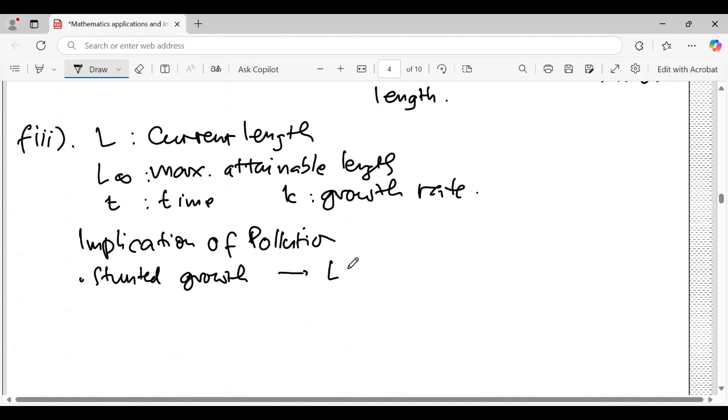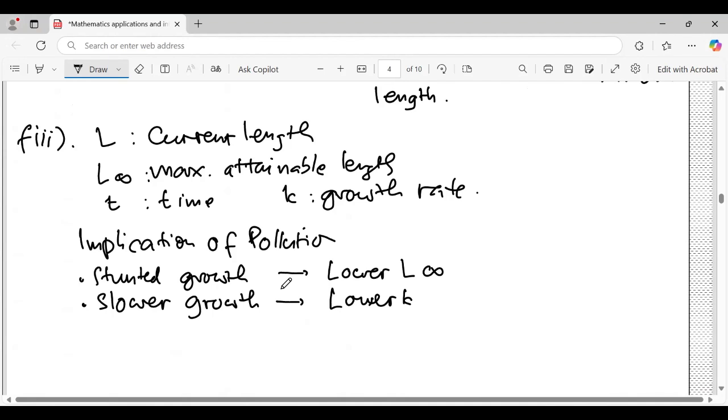It's because of the lower L infinity. And the second is slower growth. Why? Because of the poor health of the fish. That means a lower K.